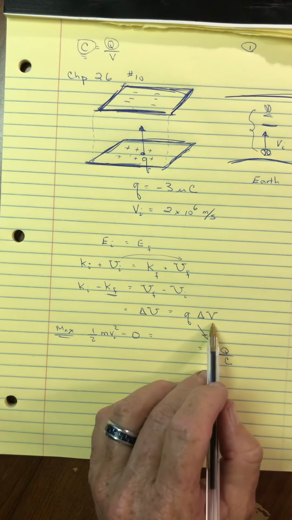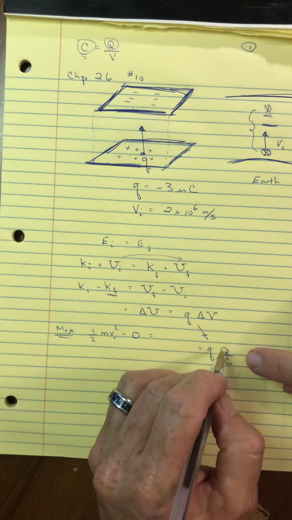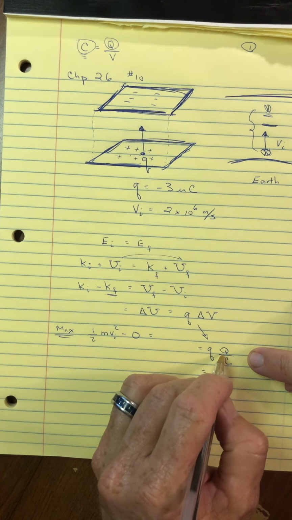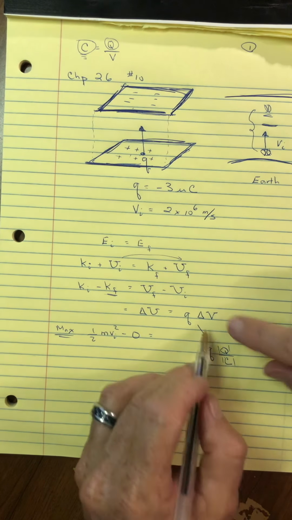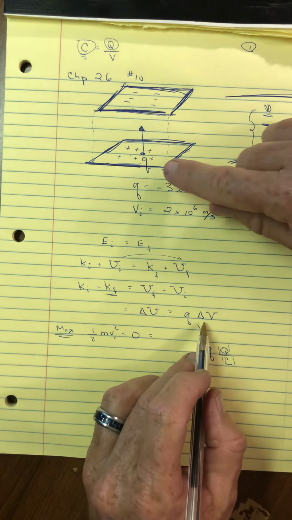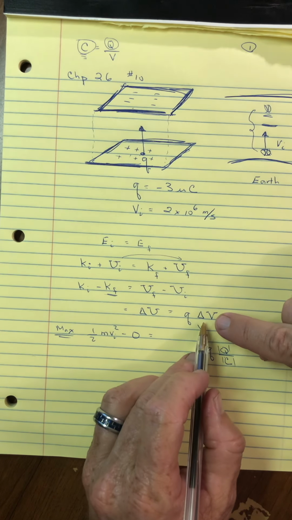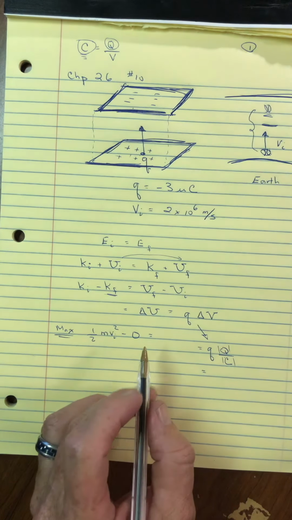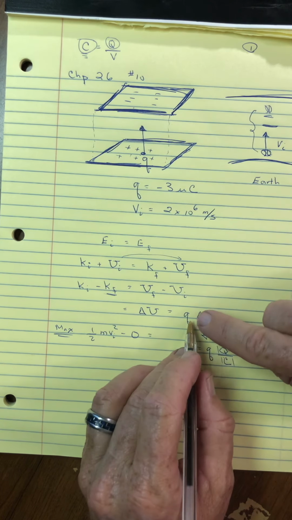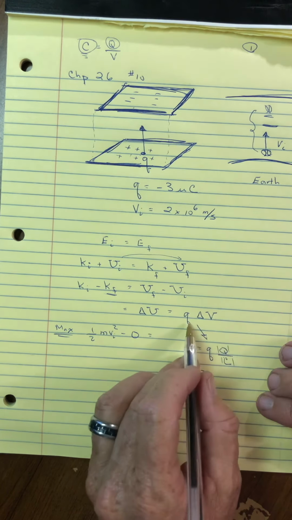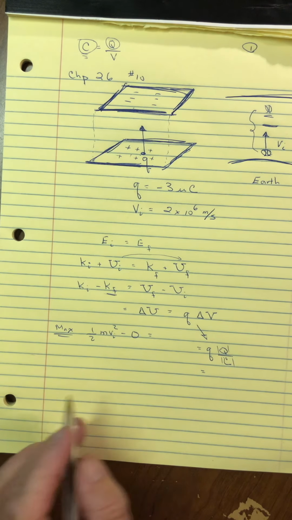But I need to be careful with this because this formula here, if I just go magnitude of charge over magnitude of capacitance, gives me the magnitude. But as it goes up, this is actually a decrease in potential. So technically this change in potential from here to here is a negative, and the charge is also negative. So both of these are negative.